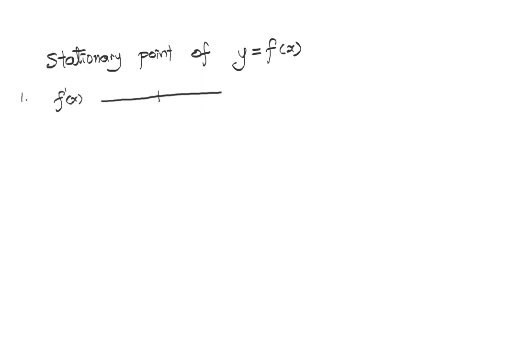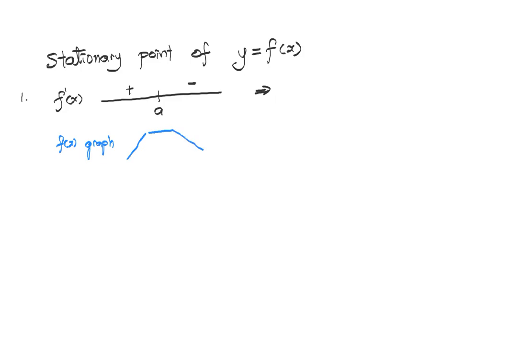If this is A, this is a plus, this is a minus. So this implies the fx graph will look like this. Go up, stationary, come down.